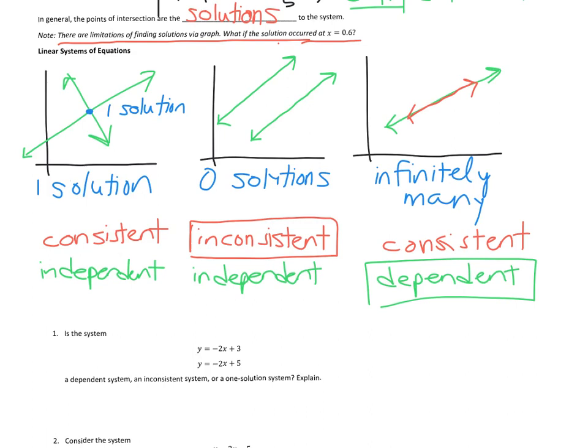All right, and then notice here, we have the same slope and different y-intercepts. Okay, so same slope tells us we're in one of these cases, inconsistent or dependent. Parallel lines have the same slope, same line has the same slope. Because the y-intercepts are different, there are 2 parallel lines. If the y-intercepts were the same, it would be the same line.